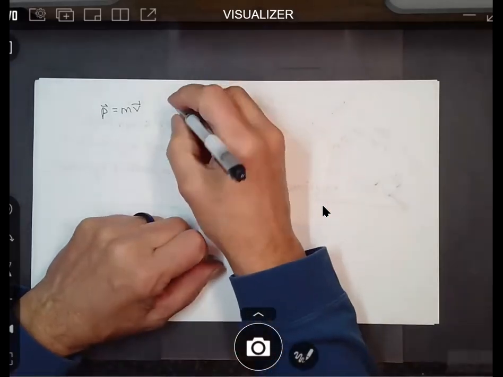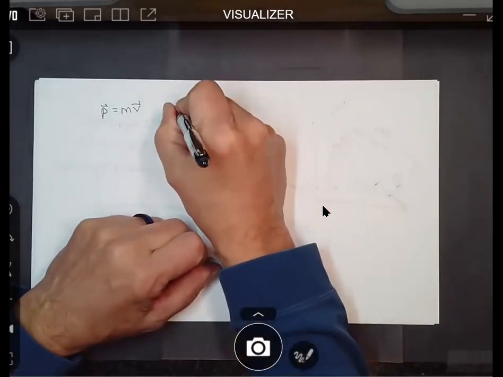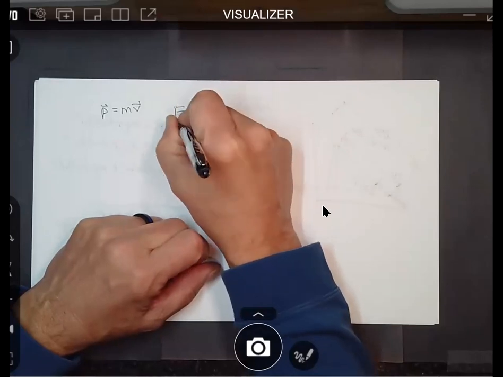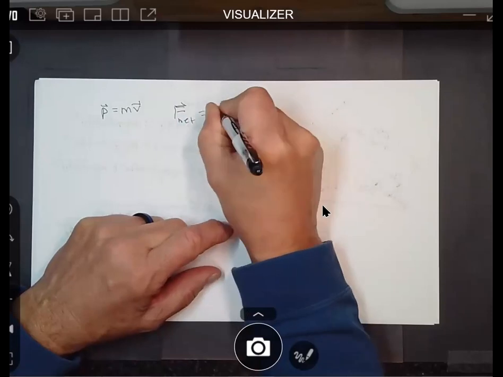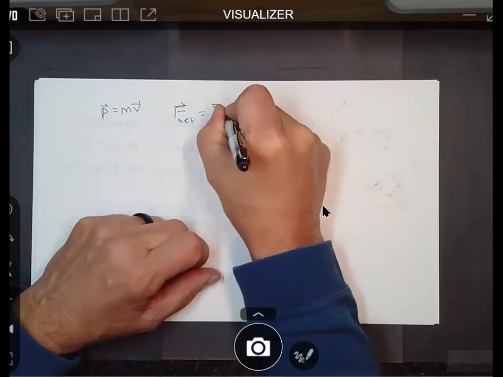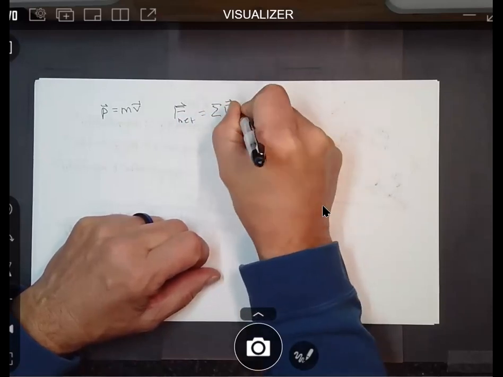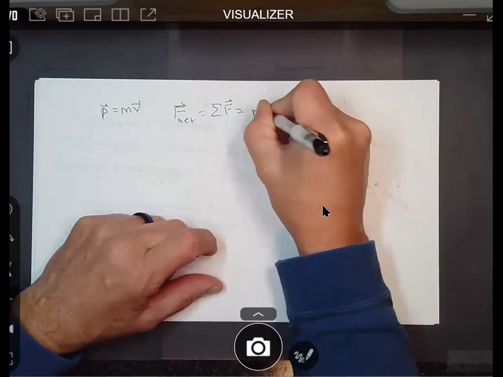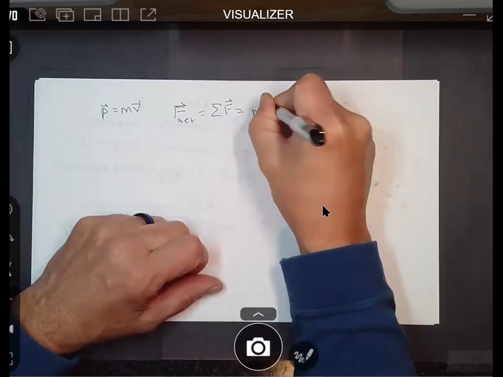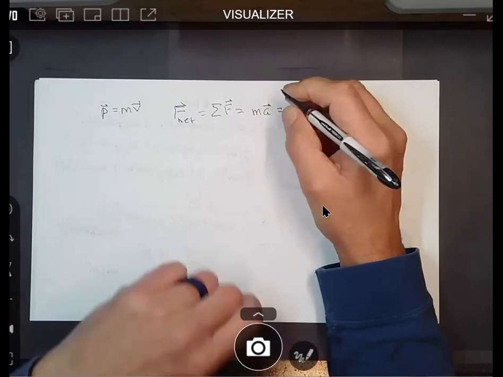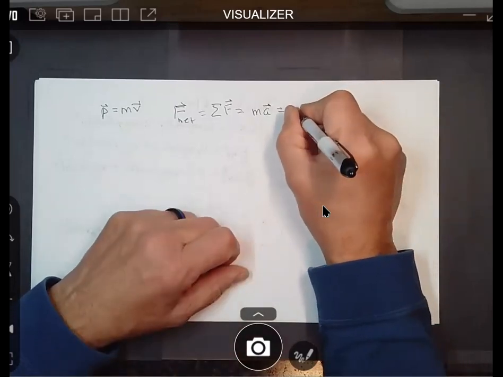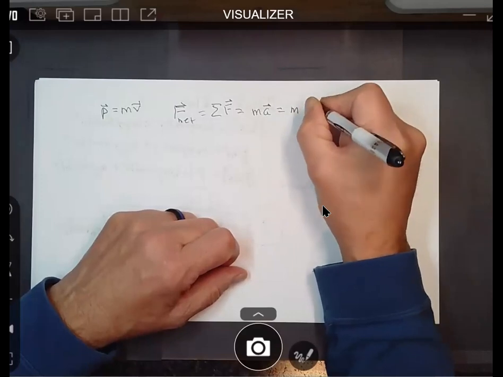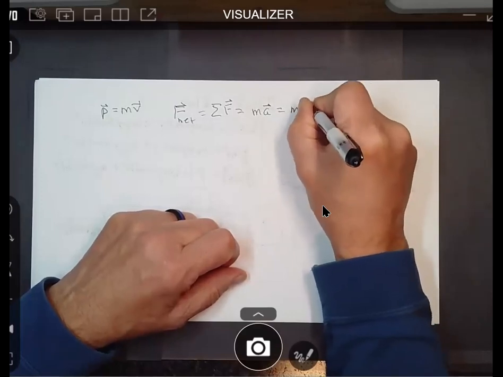I'm also going to reintroduce Newton's second law. If we have the net force acting on something, or the sum of the forces acting on something, it'll equal ma, but a happens to be dv/dt, the derivative of the velocity with respect to time.